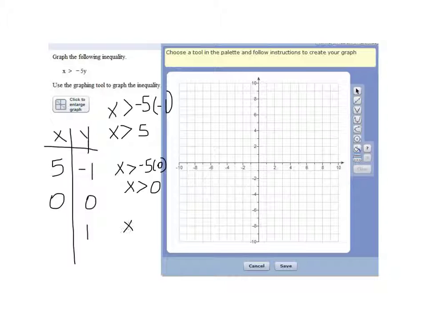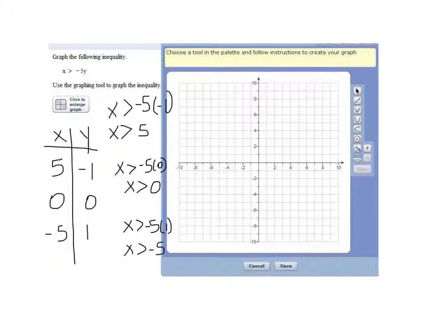And then if I substitute in +1, and you could write these with equals instead of the greater than symbol, because we're just selecting points. We're finding the coordinates of our points, so that part doesn't matter. We just need to make sure that when we graph it, we use a dotted line because it's greater than. So -5 times 1 will give us -5.